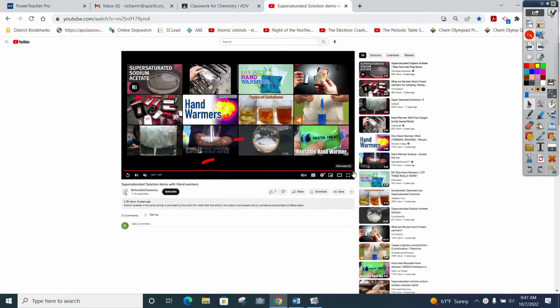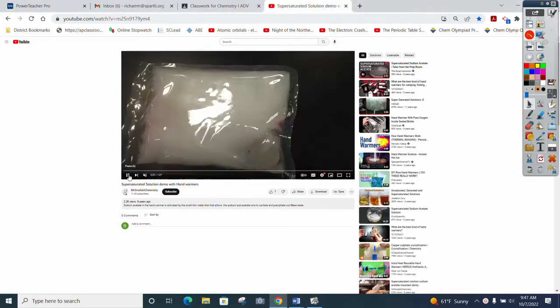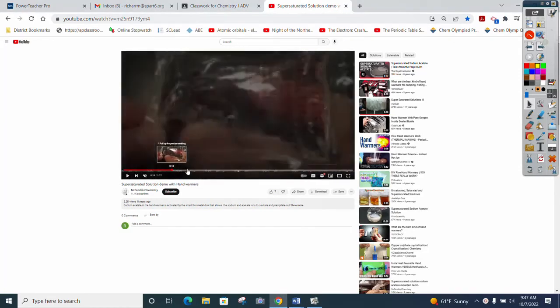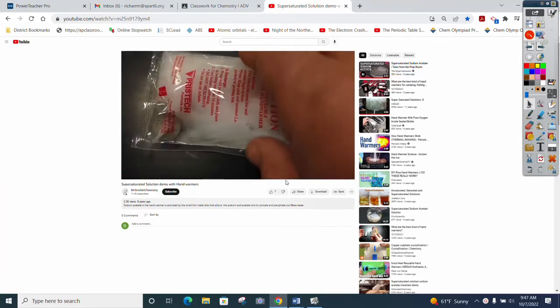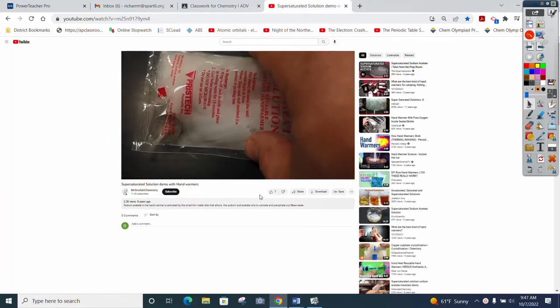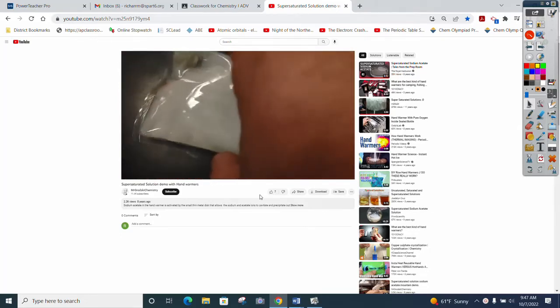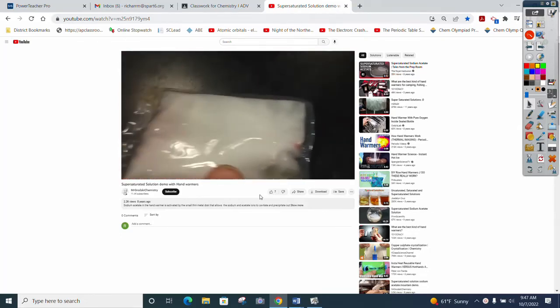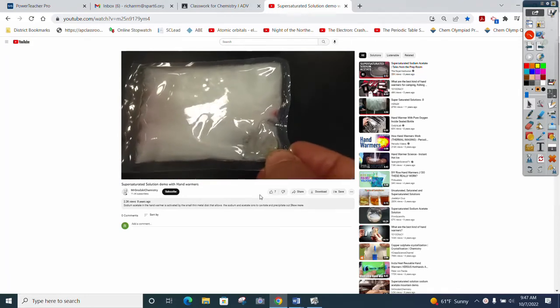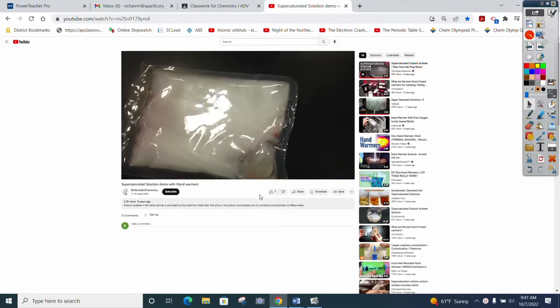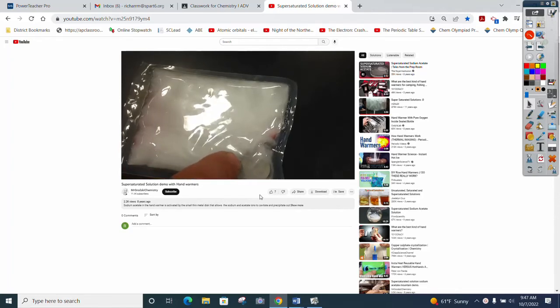So those of you that were interested, going back to this hand warmer, at the very end you're going to end up with this solid packet. And this is an exothermic process because all of that extra energy that you use to get the extra stuff to dissolve is released back into the environment, in this case as heat. In order for you to reuse this, all you have to do is reheat it.